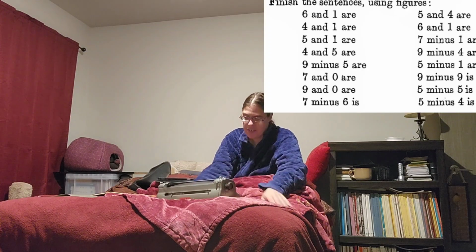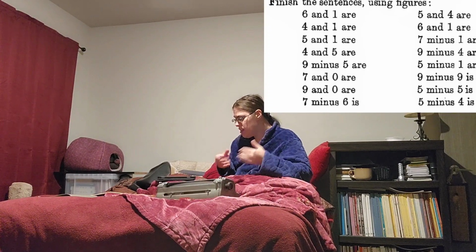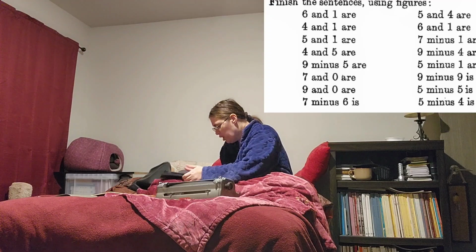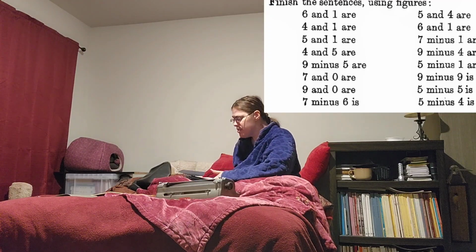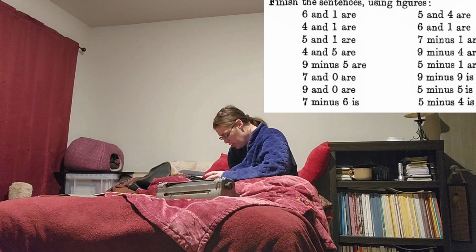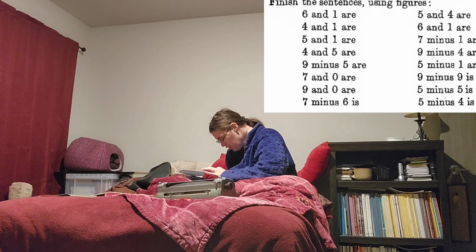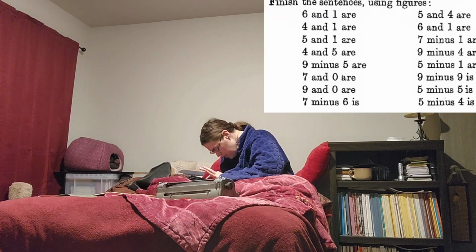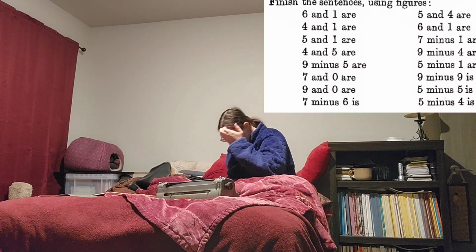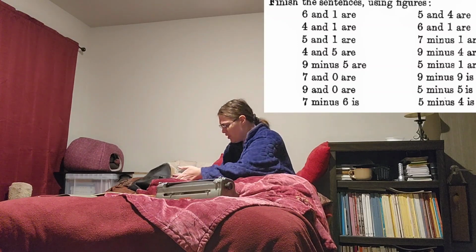To make things easier, I'm going to type in the title of the book, which is, oh gosh, I'm going to lose my spot here. I forget if it's "First Step" or "First Steps in Number".